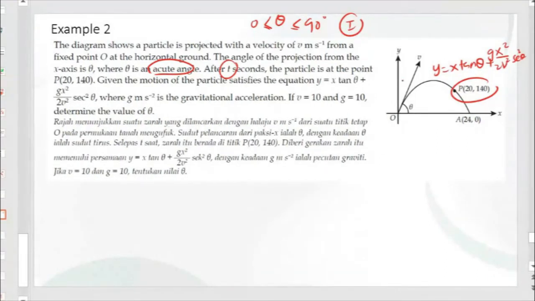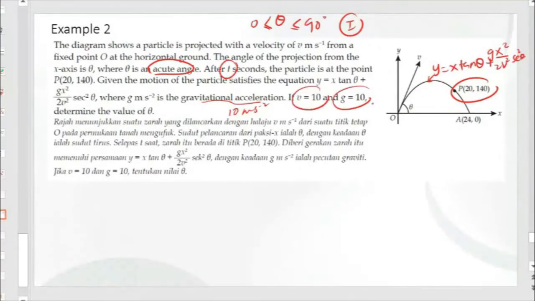This is the formula for the motion. G is the gravitational acceleration. You learn physics, you know this is 10 meters per second squared. So g is 10, and v equals 10.